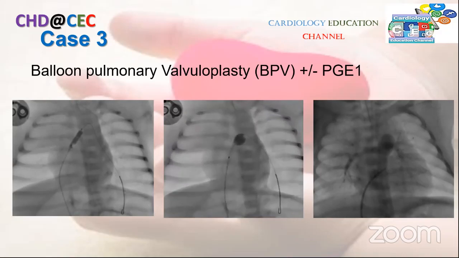I think usually with severe forms of valvular pulmonary stenosis, we have some degree of hypertrophy of the infundibulum, like any part of the RV.